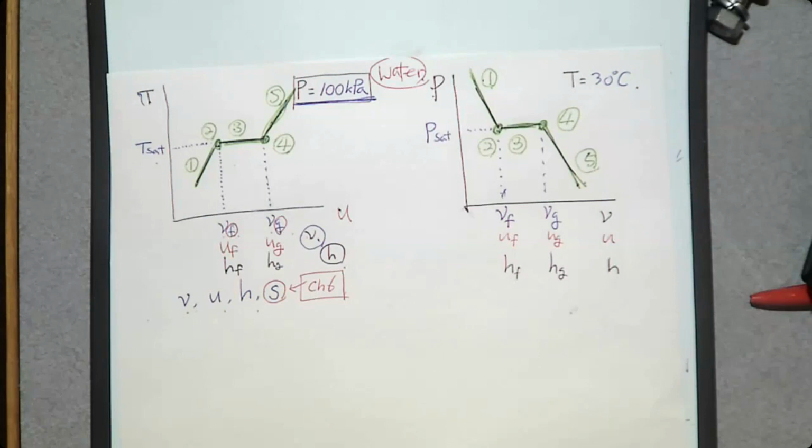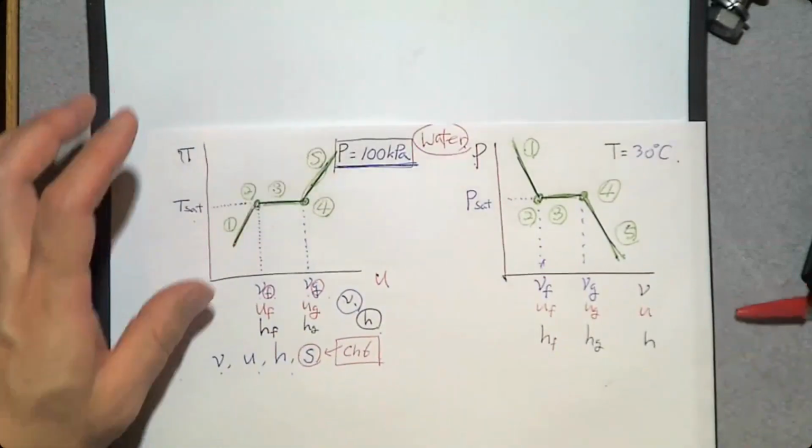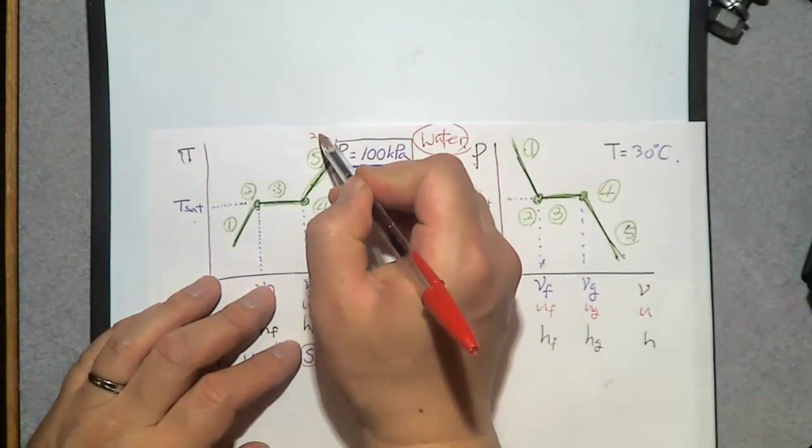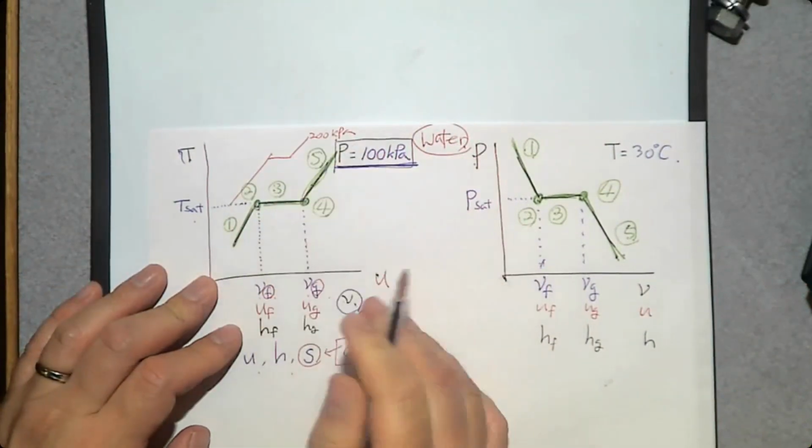If you have a compressed liquid at 100 kilopascal, that water should be on this line. If you have a saturated liquid at 100 kilopascal, that should be on this line. And superheated vapor on this line. But what if the pressure is not 100, but 200? If the pressure is 200 kilopascal, the graph is going to be this way.